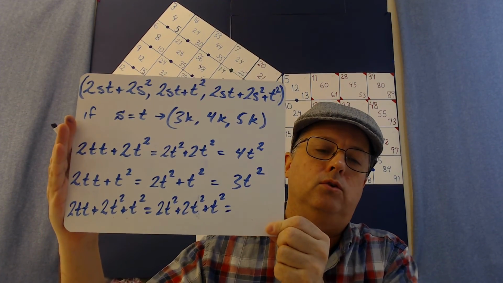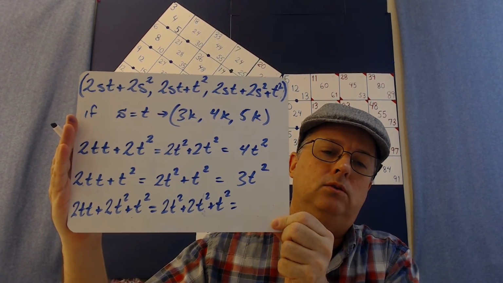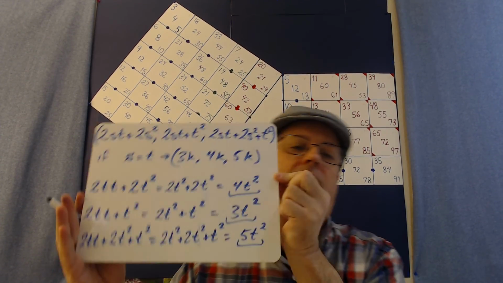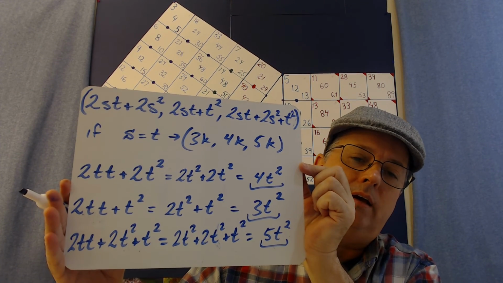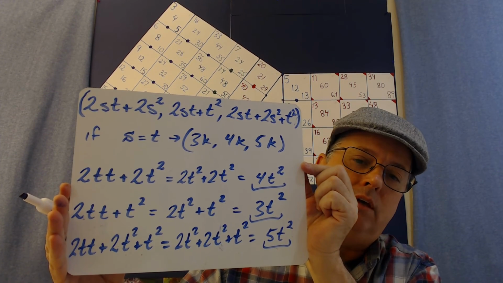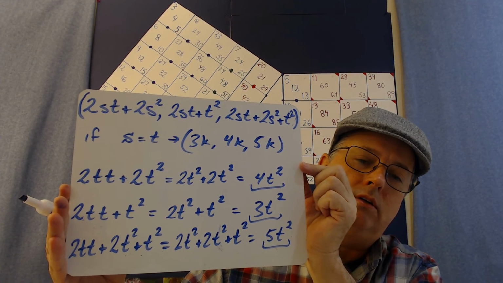And so we've got 2t squared, another 2t squared, and one more t squared, and so that's 5t squared. Alrighty then. Okay, so nice little idea that whenever s and t are equal to each other, we'll always get a multiple of the Pythagorean triple 3, 4, 5.